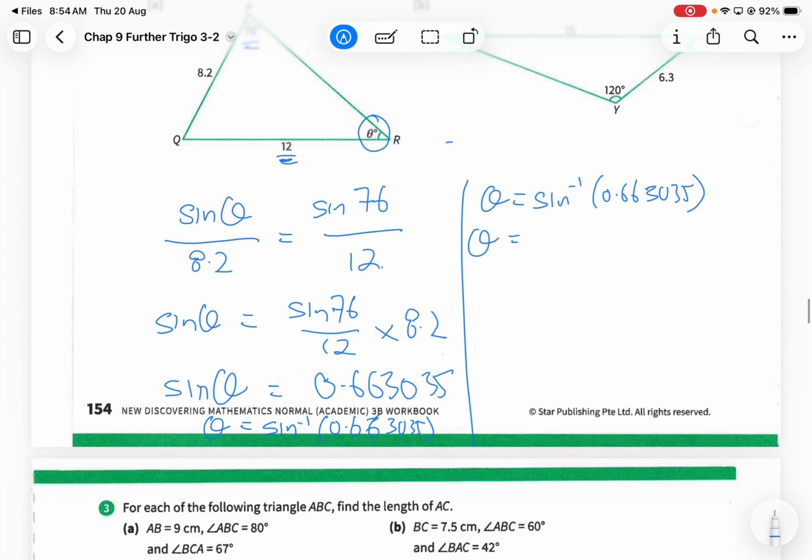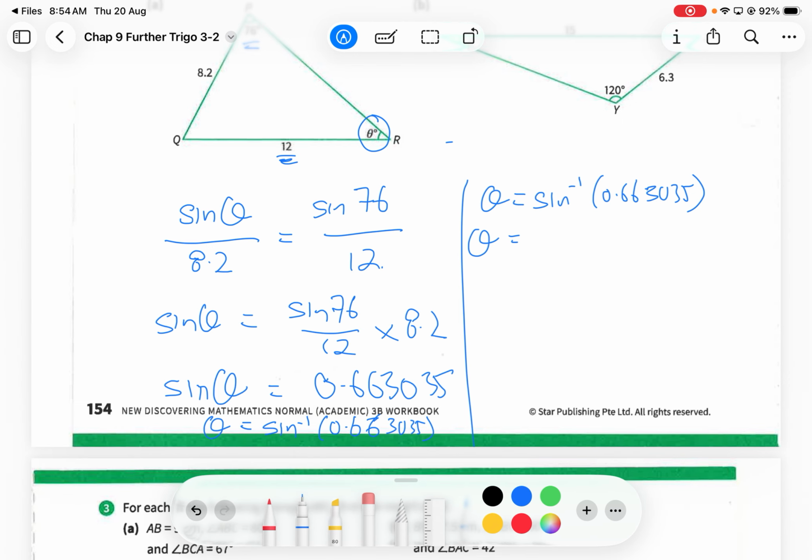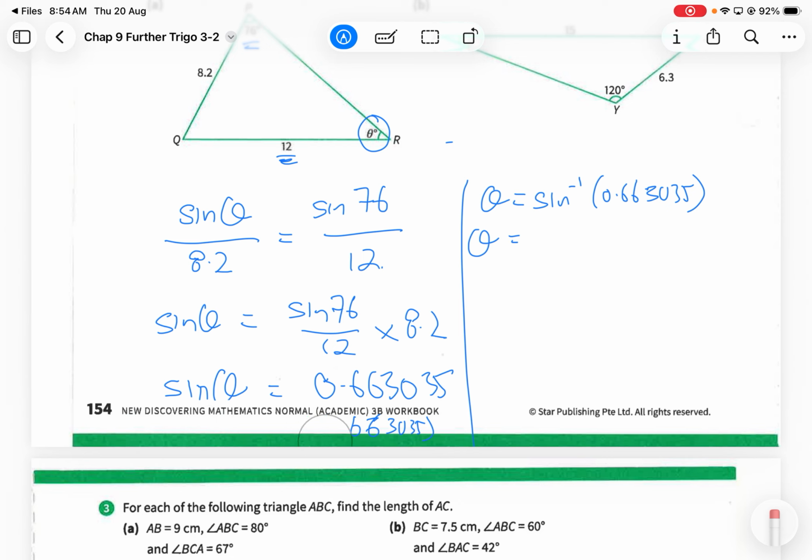Then I press calculator. My calculator will tell me what theta is. At first, this number is sine theta. Sine theta is this. But finally, I want theta. I want to know what is the angle. This is not the angle.